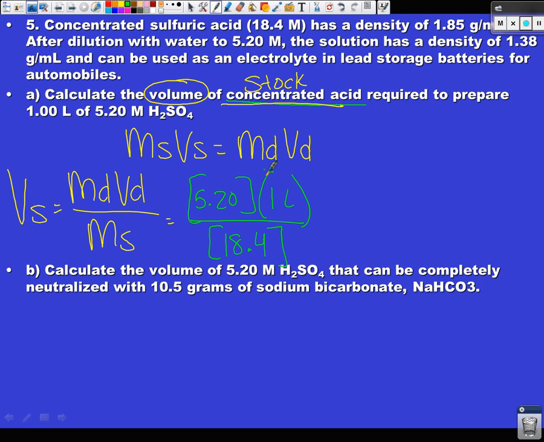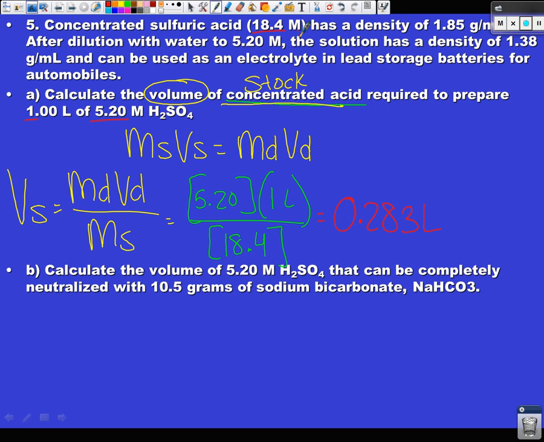Now, what is the volume of the concentrated stock solution that you needed? Say it again. 0.283 liters. 3 sig figs.